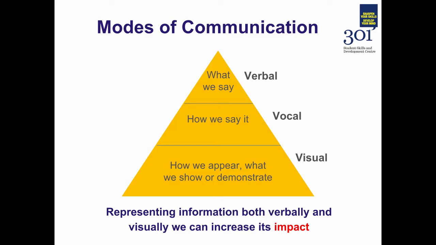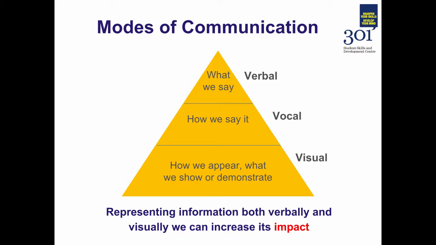I'm going to move on now to talk a little bit about modes of communication and why a poster is an absolutely ideal way to present significant research findings. The principle here is that there are three main modes of communication. There's the verbal mode, the text, the verbal way of getting our information across, what we say.